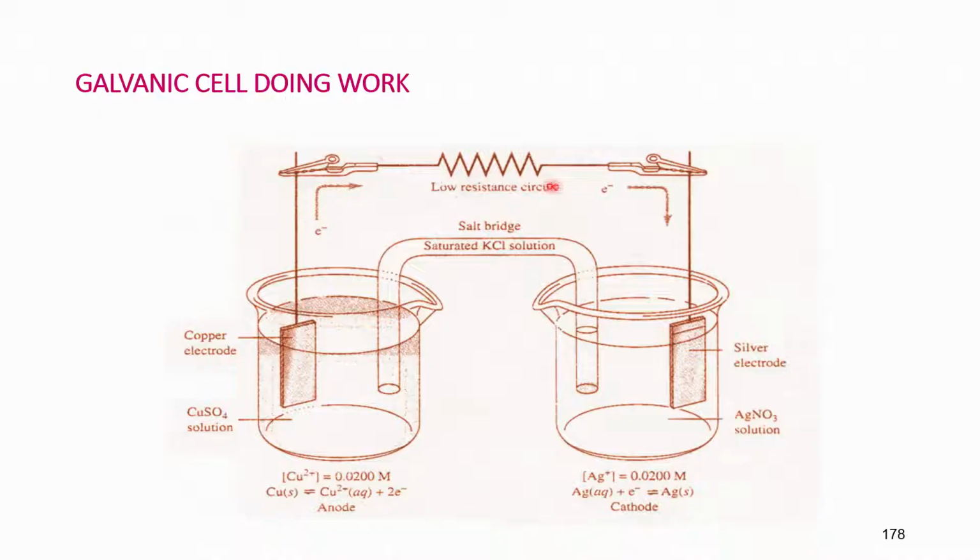So, chemical work is being done by the electrical energy, that is, deposition of silver ions on copper or a silver electrode. Similarly, for gold plating, gold ions can be deposited on copper or silver or any other metal, brass, something like that. So, this is the galvanic cell doing the work.